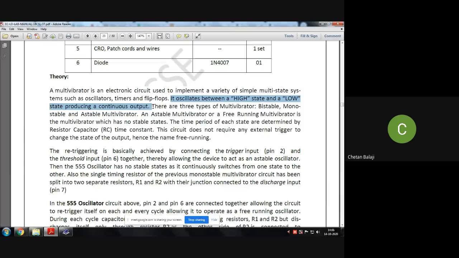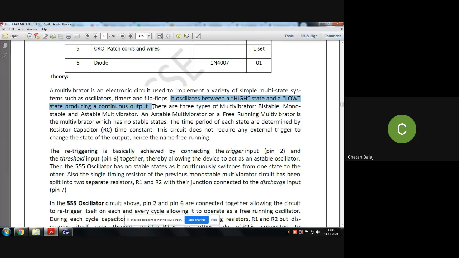A multivibrator is an electronic circuit which oscillates between a high state and a low state.